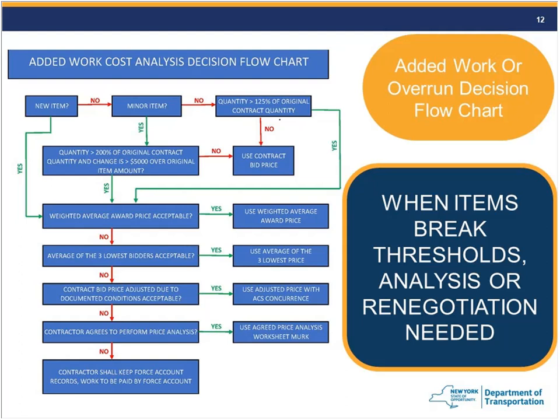We have a minor item or a major item that just squeaks over our contract amount, and it might be by itself a small amount of money, but maybe added together, it could be thousands of dollars with other items doing the same thing. So we're really encouraging everyone to look at your minor overruns that don't break thresholds because you can clean them up quickly. You could do it with an FCP.